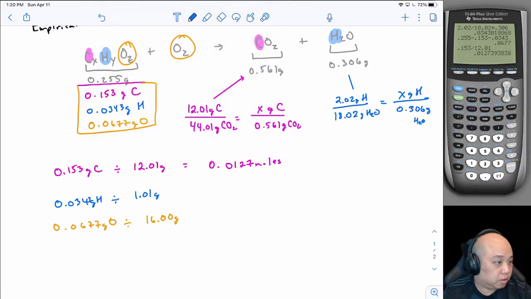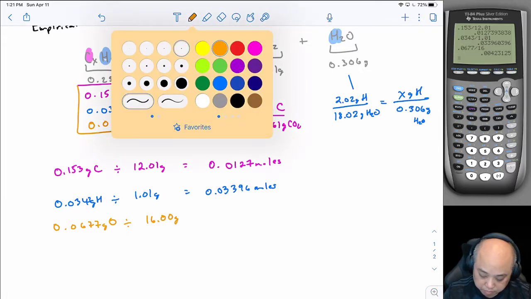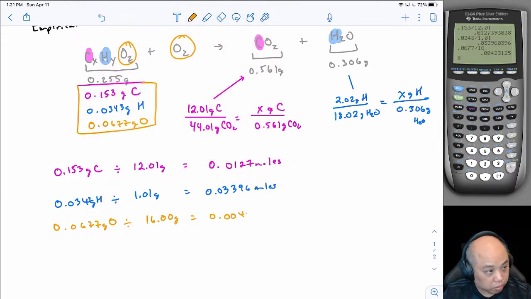And then 0.0343 divided by 1.01 gets you 0.0396 moles of hydrogen. And then 0.0677 divided by 16 gets you 0.00423 moles. Okay.